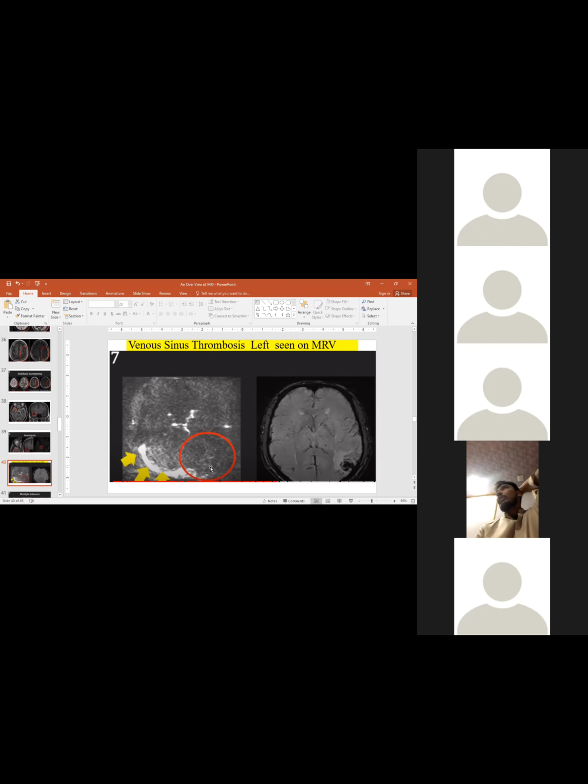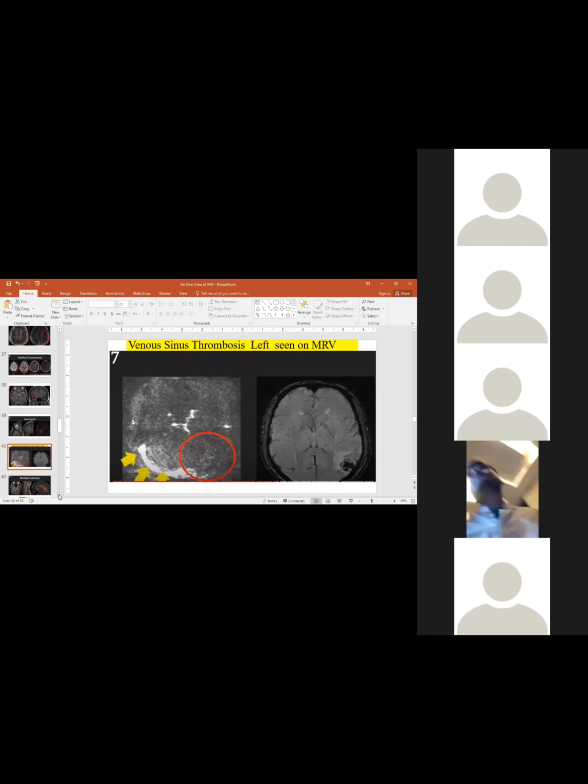These hypointense areas confirm that we are dealing with venous sinus thrombosis on the left side of the brain. This is how thrombosis of the left side looks on this MRI. This axial section of MRI showed that there is venous sinus thrombosis along with parenchymal involvement as well. So it was confirmed that the venous sinuses were involved.